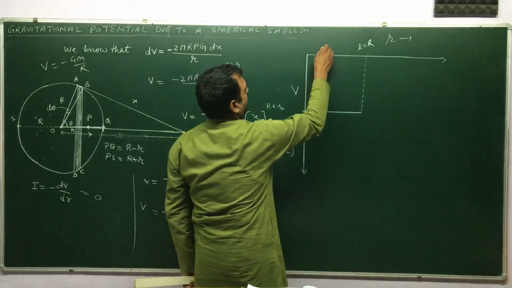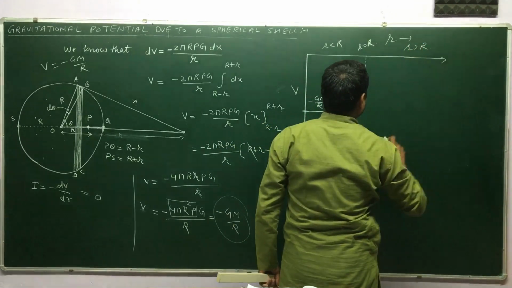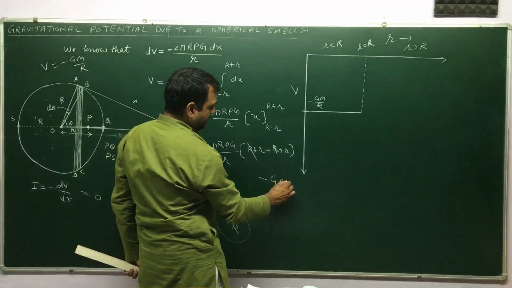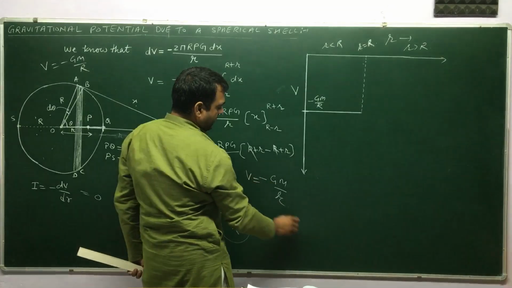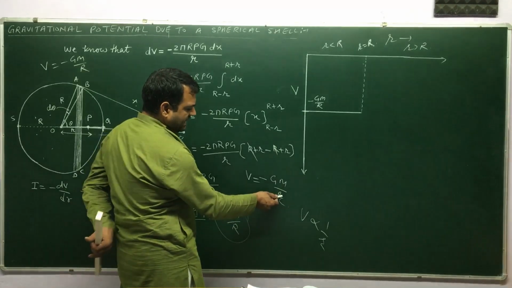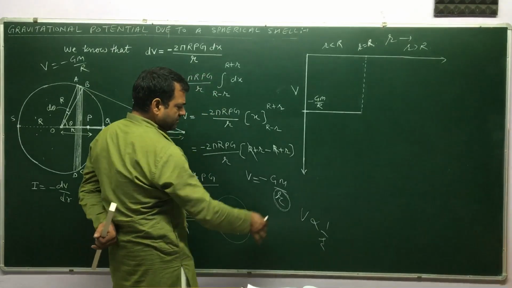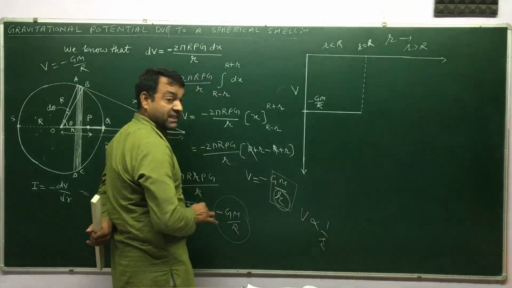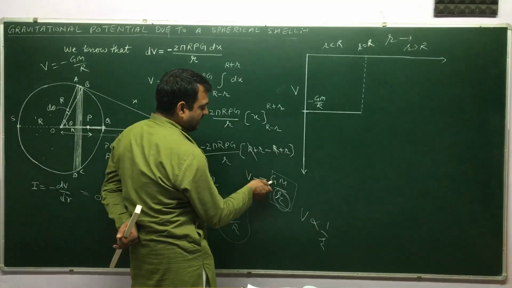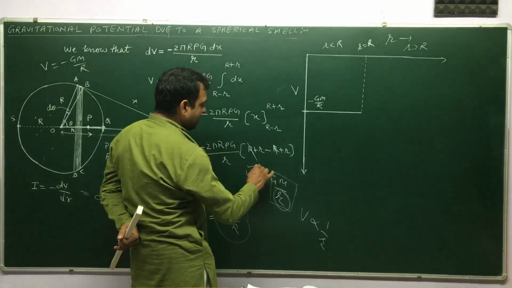And when r is less than R, it's constant, and when r is greater than R, its value, as you know, if the point was lying outside, is minus GM by r, or we can say V was inversely proportional to r. As we increase r, the overall value of this ratio will decrease, and since there is a negative sign, if this quantity decreases, V increases.